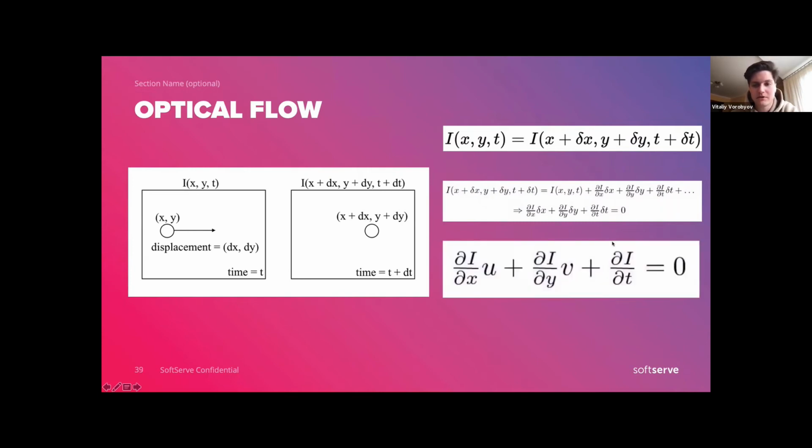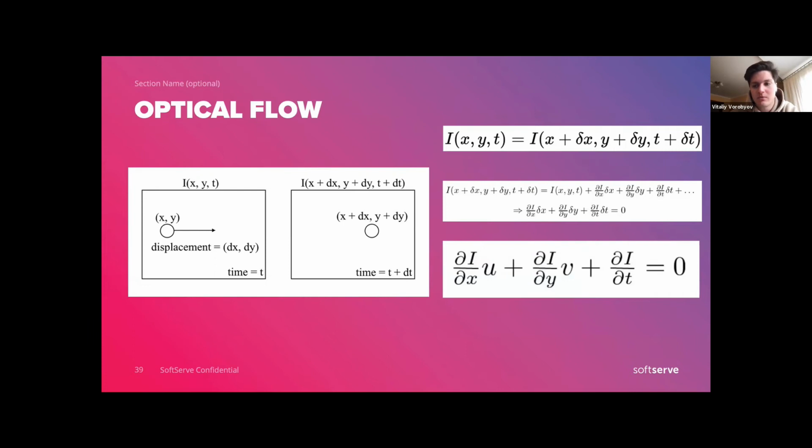And third step is we divide by time derivative to get the optical flow equation, where U is actually equal to derivative of x over derivative of time, and V is equal as derivative of y over derivative of time. And those three derivatives are the image gradients along the horizontal axis and the vertical axis, and also the time.